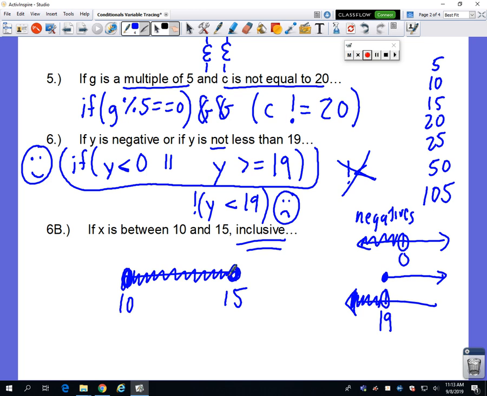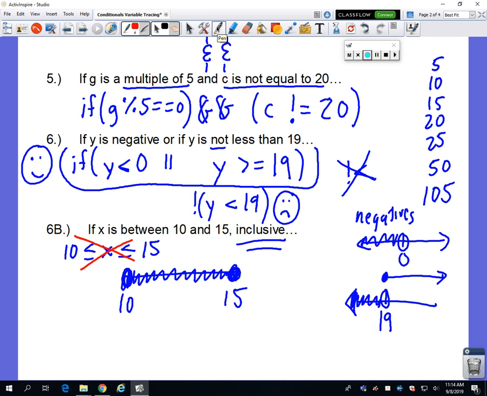Some people, when they were doing this in Algebra 1, would write it like this, like it's between 10 and 15. But although this is fine for algebra, it does not translate to Java. If you wrote this in Java, even if you translated the less than or equal to symbols, you would get an error, so don't do this.